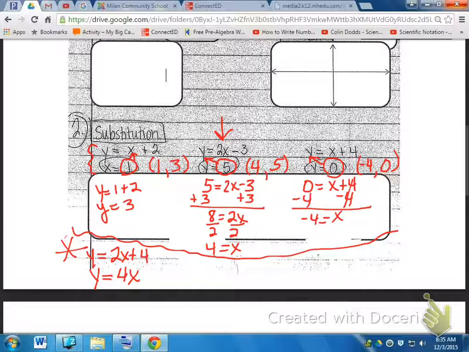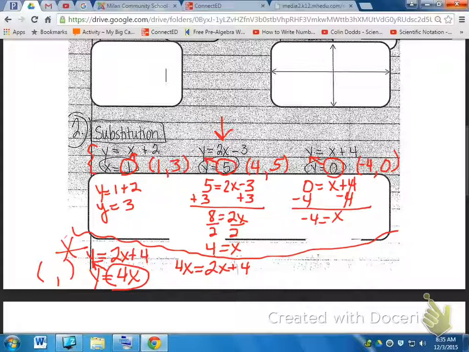No. But we still have to come up with an ordered pair in just a minute, and we can use substitution. We know that y is 2x plus 4 and y is also 4x. I'm going to take this 4x and plug it into the other equation for y. So I would have 4x equals 2x plus 4. Does that make sense? I substituted what y was equal to into the first equation.